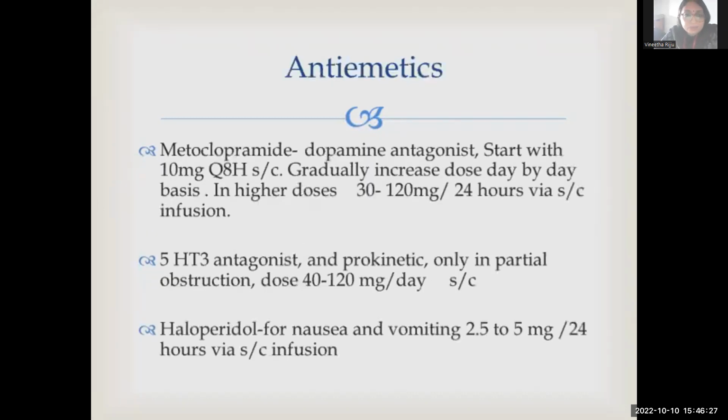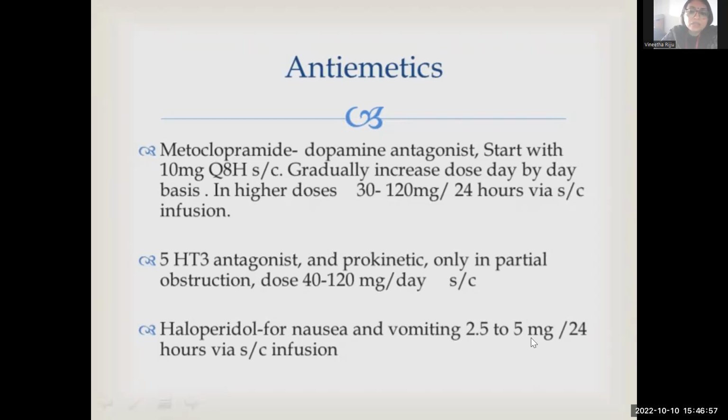So, like I said before, metoclopramide and domperidone are dopamine antagonists. You can start with a 10 mg dose, 8-hourly, and increase it accordingly. I have written the doses here. Then other ways, you can go for a 5-HT3 antagonist, and a prokinetic only in partial obstruction. And haloperidol for nausea and vomiting, from 2.5 milligram to 5 milligram.